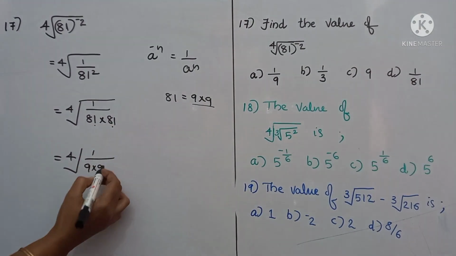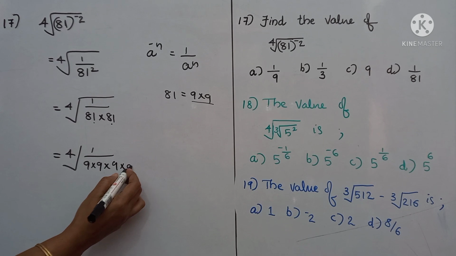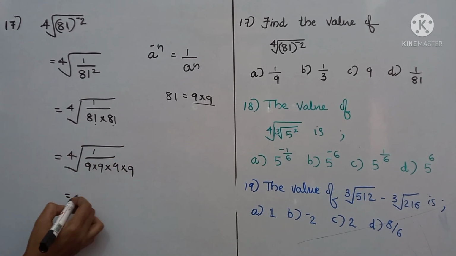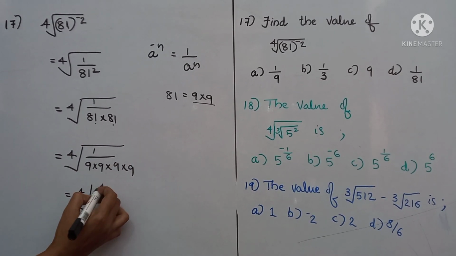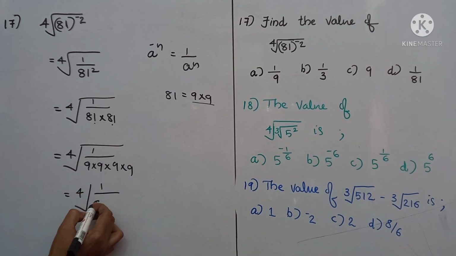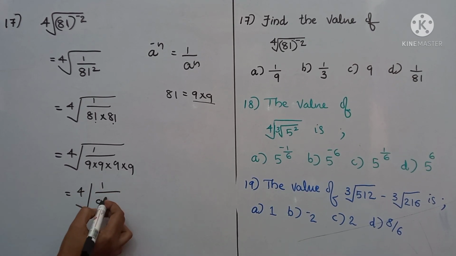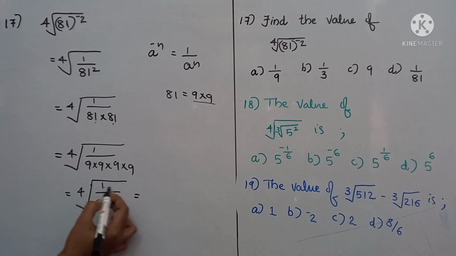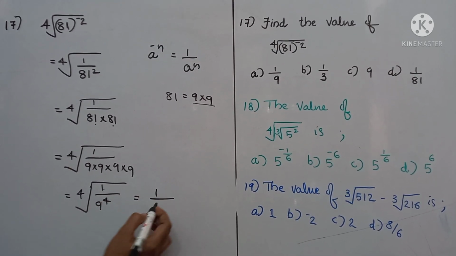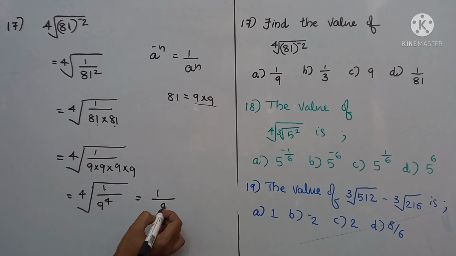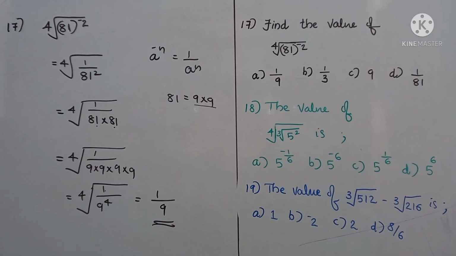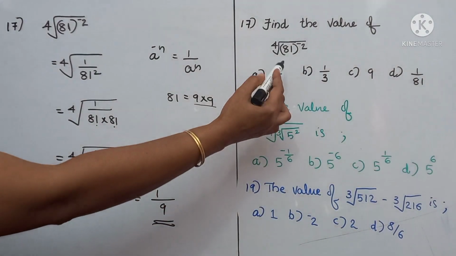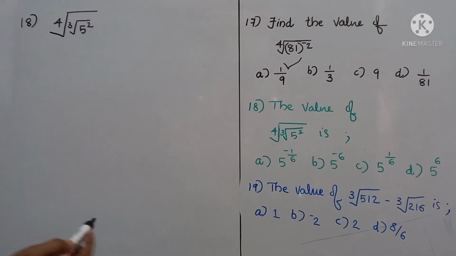Then one more 81 is there, again 9 into 9. Then that is equal to fourth root of 1 by 9 into 9, four 9s are there, 9 raised to 4. Then fourth root of 1 is 1 itself, and fourth root of 9 raised to 4 is 9. So our answer is 1 by 9. Answer is A.